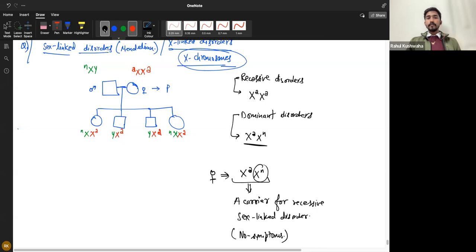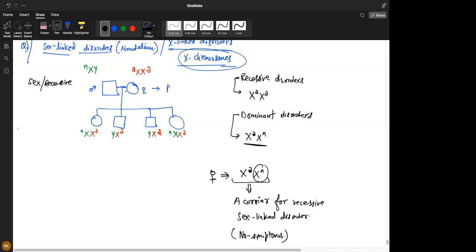Now tell me, this is a sex-linked recessive disorder. Who all will be affected? Whom should I color black? Both the males. Both the males.